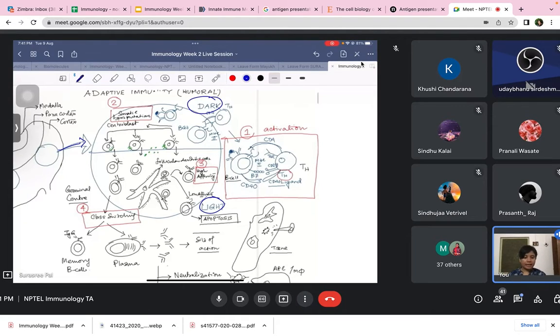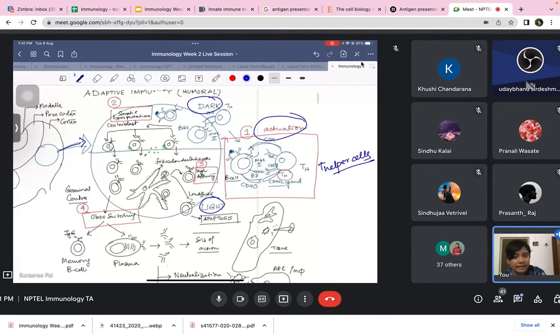So the first step is activation. Like I talked about the T cells also, the T cells also need to be activated first by the presentation of the antigen. Here the B cells are activated by the presentation of the antigen by the T helper cells or the TH cells, right? T helper cells.